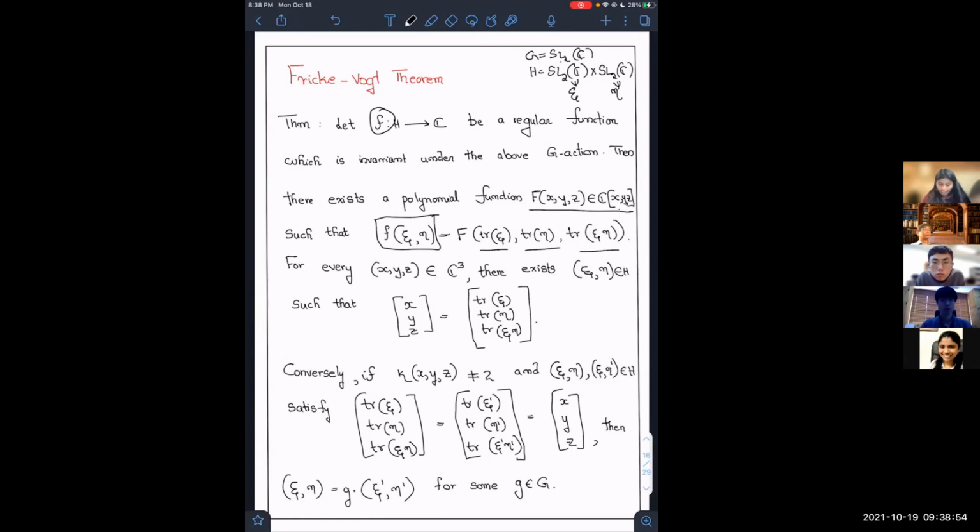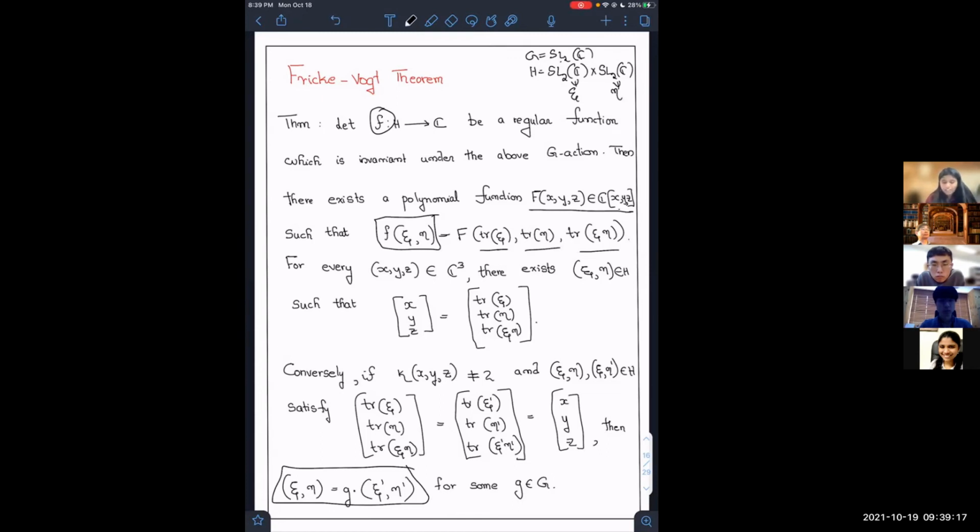The theorem also says that if this was not unique, if there was another epsilon prime and eta prime such that they are equal to x, y, c, then they are in the same G orbit under this action.